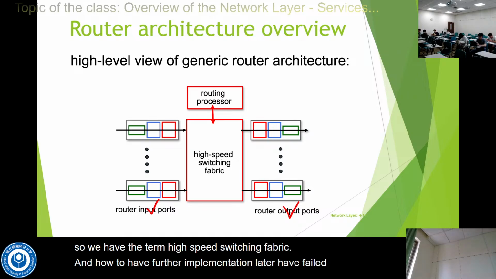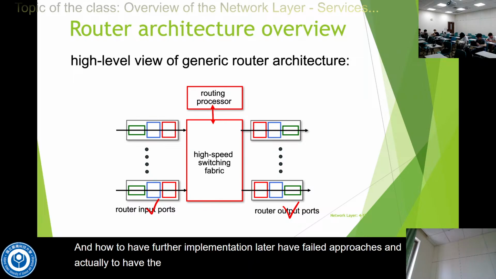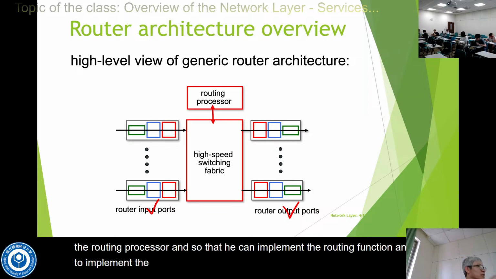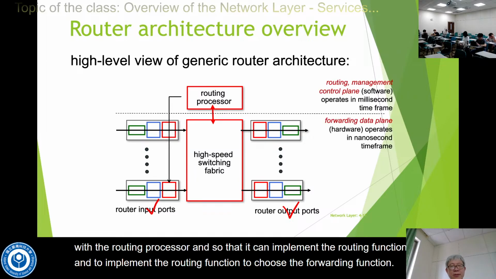And actually, to have the switching, we will allow the switching fabric to work with the routing processor, so that you can implement the routing function and choose the forwarding function. Alright, so look at this again.